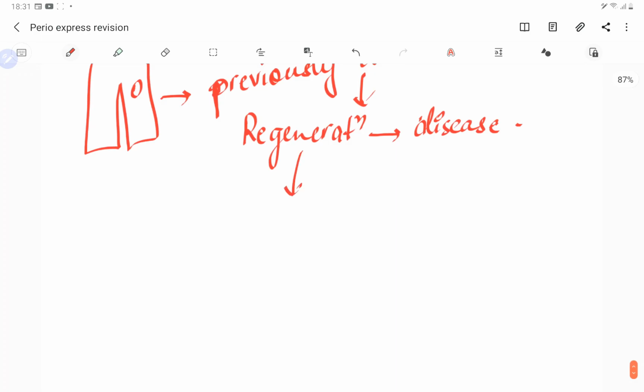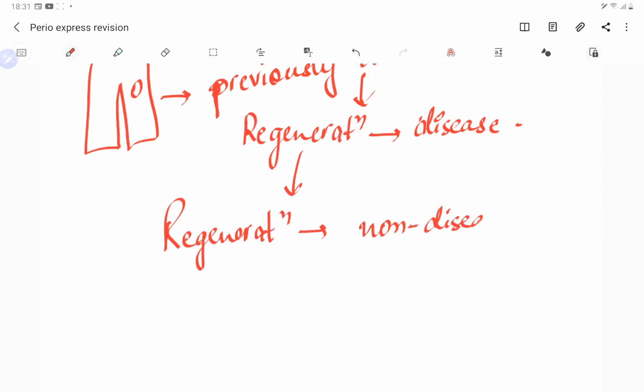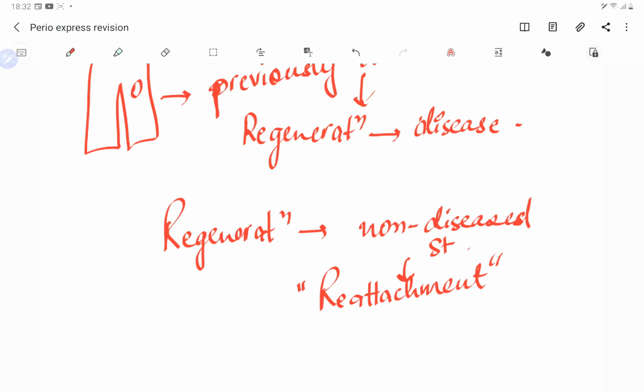But guys, same regeneration of a non-diseased structure is what we call the reattachment. To simplify the reattachment, I can give you an example.